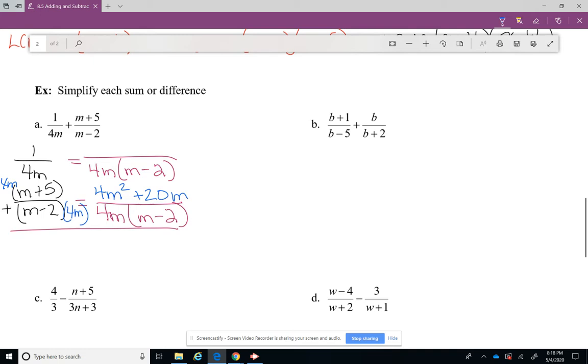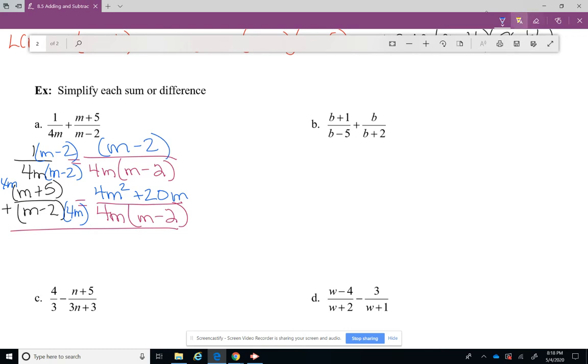Now for the top part, what did I have to multiply this 4m by to get 4m times m minus 2? Well, m minus 2, obviously, right? So we multiplied this times m minus 2. 1 times m minus 2 is just going to give me m minus 2.